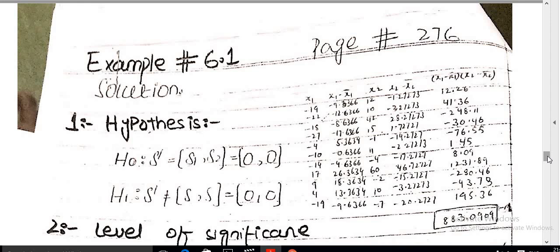Our H0 is that the mean difference delta is equal to 0, 0, that is for the first and second laboratory, for both the first and second variables.